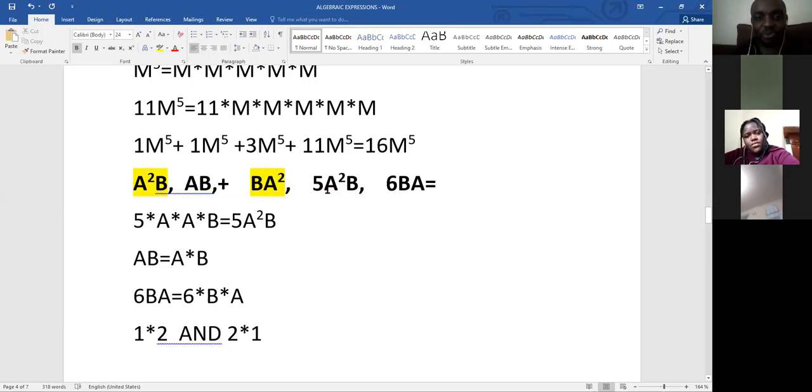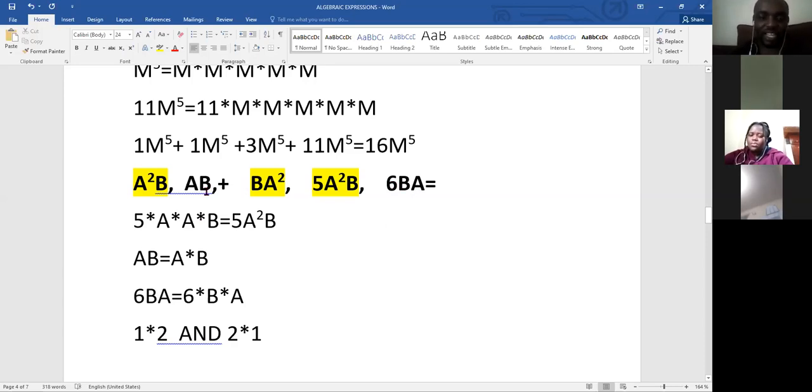And it's like terms with 5A squared B, because it is 5 multiplied by A squared multiplied by B. So the ones I've highlighted in yellow here are like terms. AB and BA are the same, because it is A multiplied by B and B multiplied by A. Like the example I've said, 1 times 2 and 2 times 1, the answer is the same. So when you multiply AB and BA, the answer is the same.